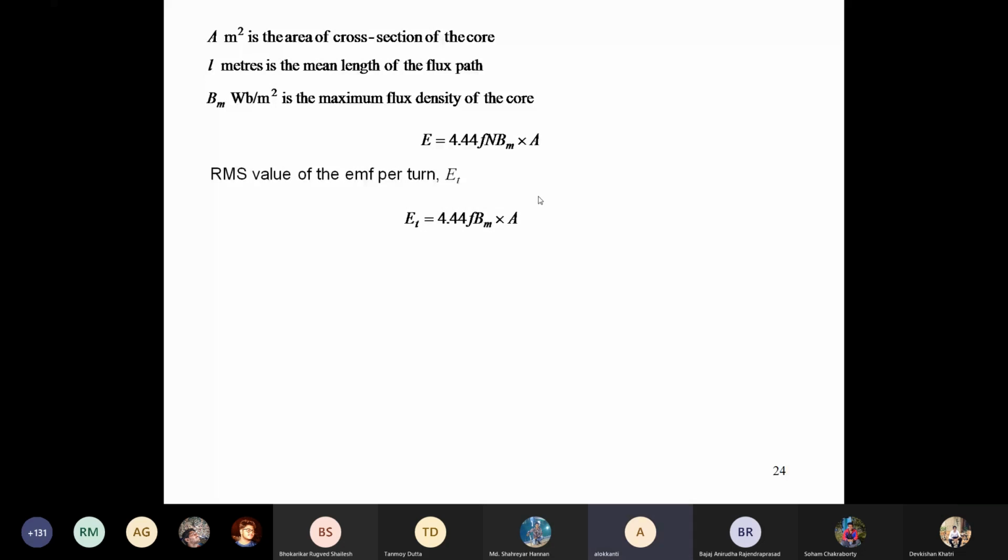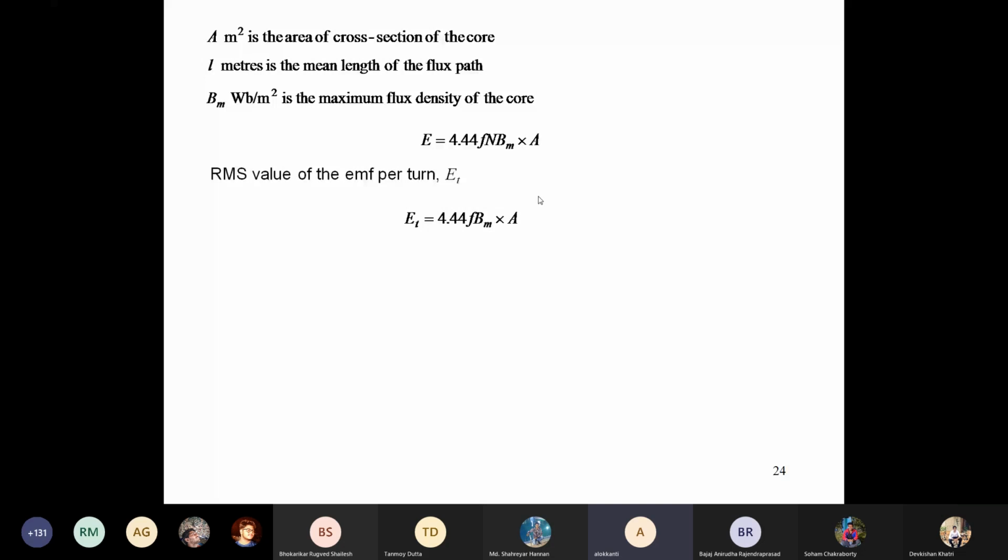So you may have to deal with a transformer design with a particular EMF per turn. In that case, you have to decide the value of Bm and A, and then start the design of the transformer. Somebody has designed the transformer also, no? It has not fallen from the sky or somewhere. So this EMF per turn is very important.